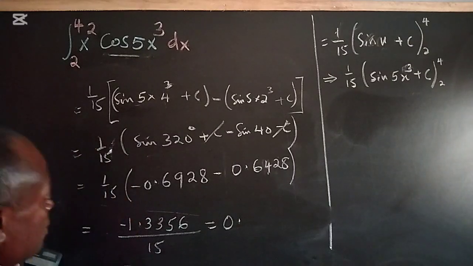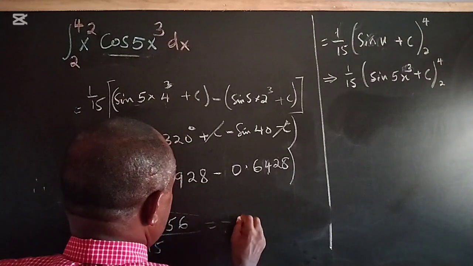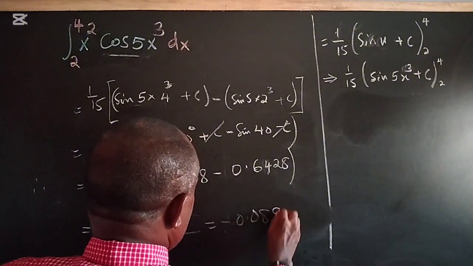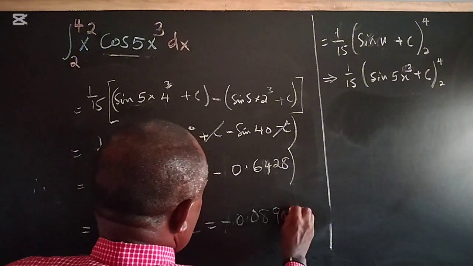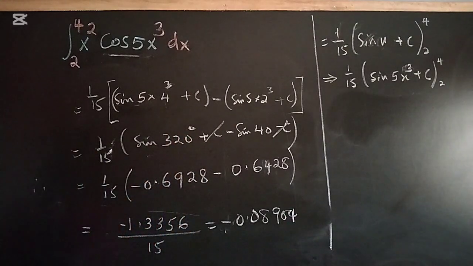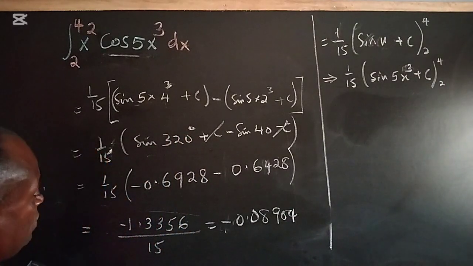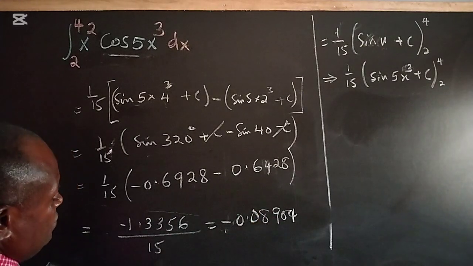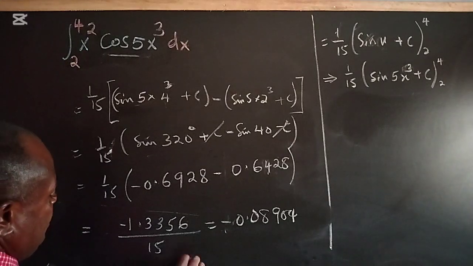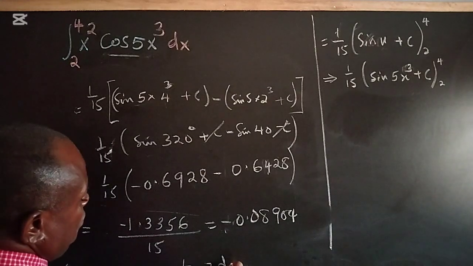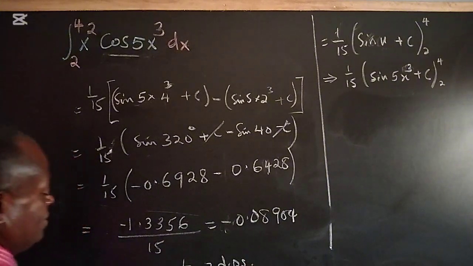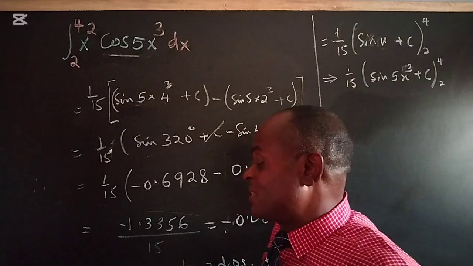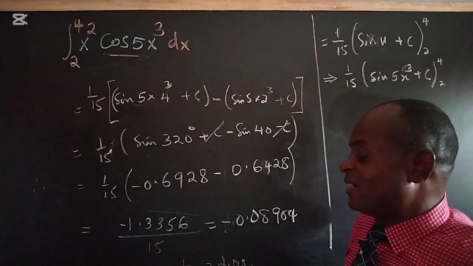So the result is equal to minus 0.0857, which is minus 0.09 to 2 decimal places, because from the original question we were told that we should leave our answer to 2 decimal places, and this is what it provides.